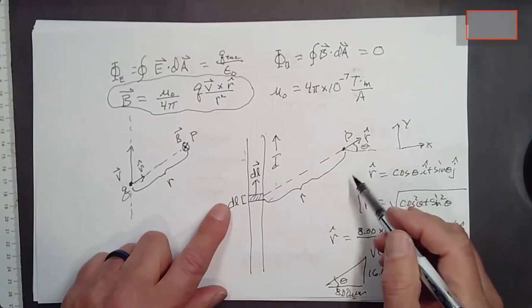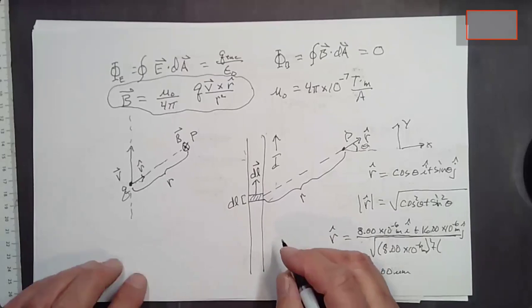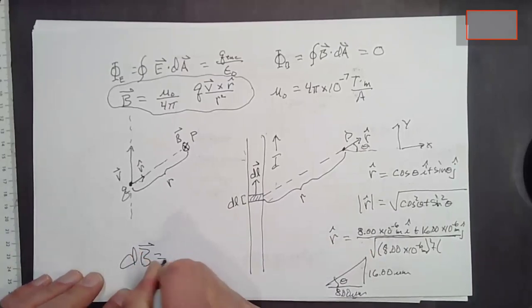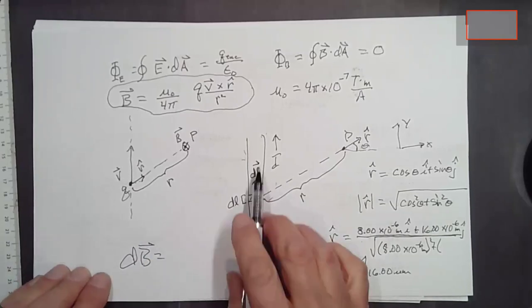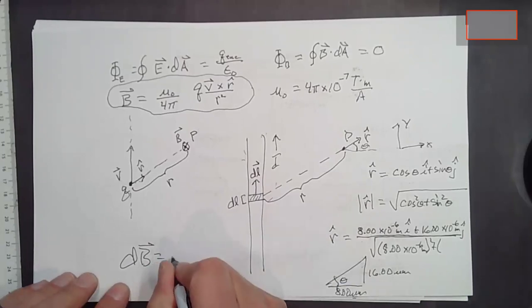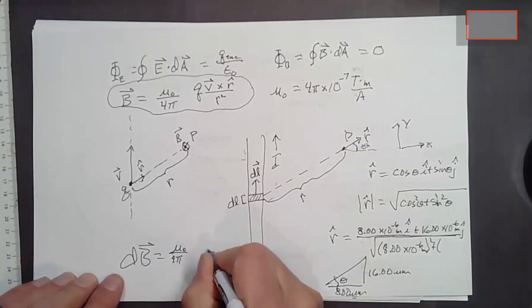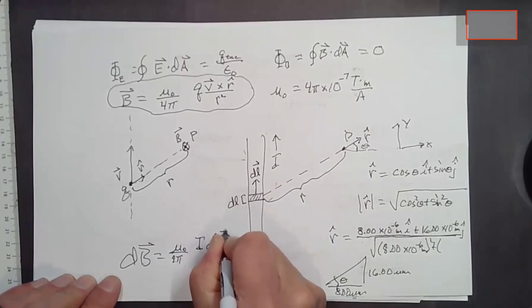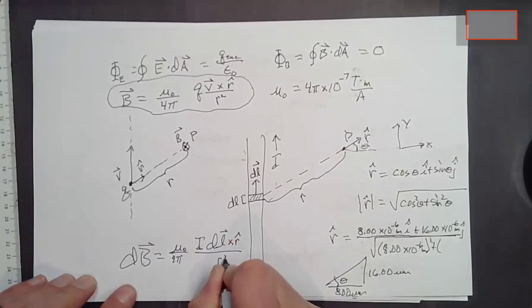I still haven't told you what the electric or the magnetic field due to this current element is. It will be this: dB, the magnetic field caused by this little tiny chunk of length in a wire carrying a current in that direction, will equal mu naught over 4 pi, which will be common to a lot of our expressions, times I dl cross r hat over r squared.